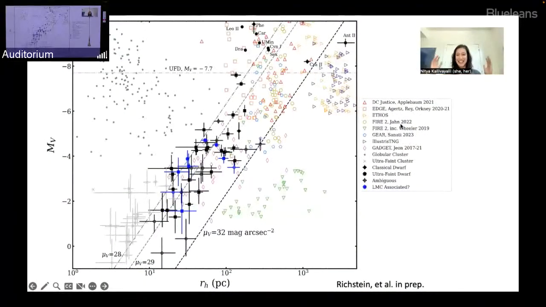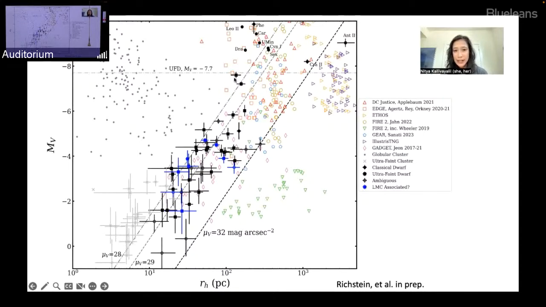Again, there is a lot on this plot, but you're looking at circularized half-light radius on the x-axis and absolute magnitude in the V-band on the y-axis for a bunch of things in the Milky Way vicinity. You have globular cluster systems living up here, and dwarf galaxies living here.